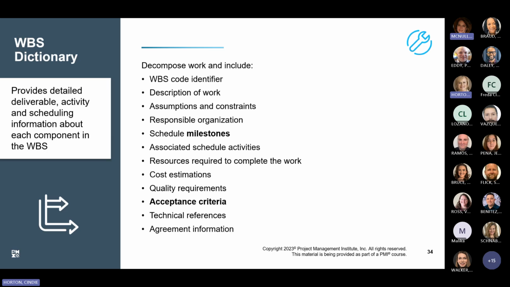That is what appears in the dictionary. It can refer to multiple levels of the WBS, but it is critical to the work package level. Acceptance criteria are set early in predictive life cycles, and they're also specified here in the WBS dictionary and in the project management plan.